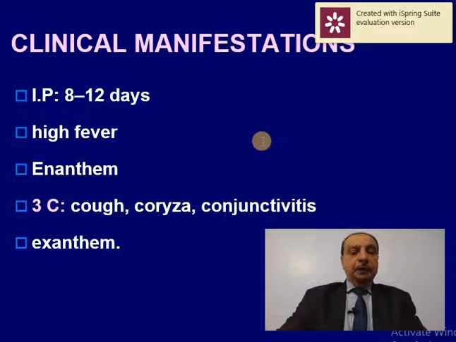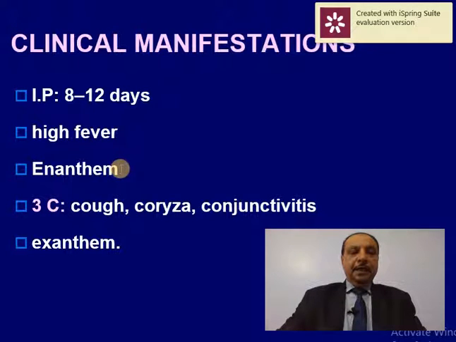There will be high fever, enanthem, and later on there will be exanthem. We have to differentiate and look thoroughly at whether it is enanthem or exanthem if you have any questions.